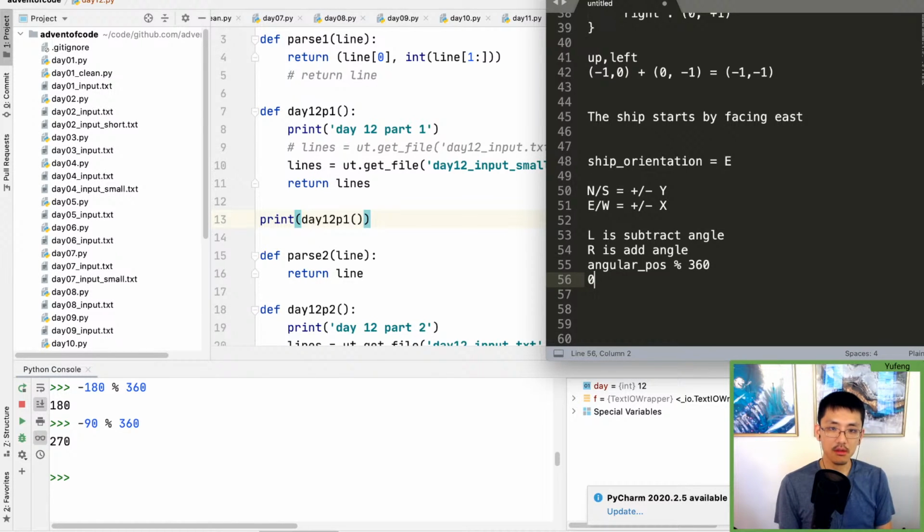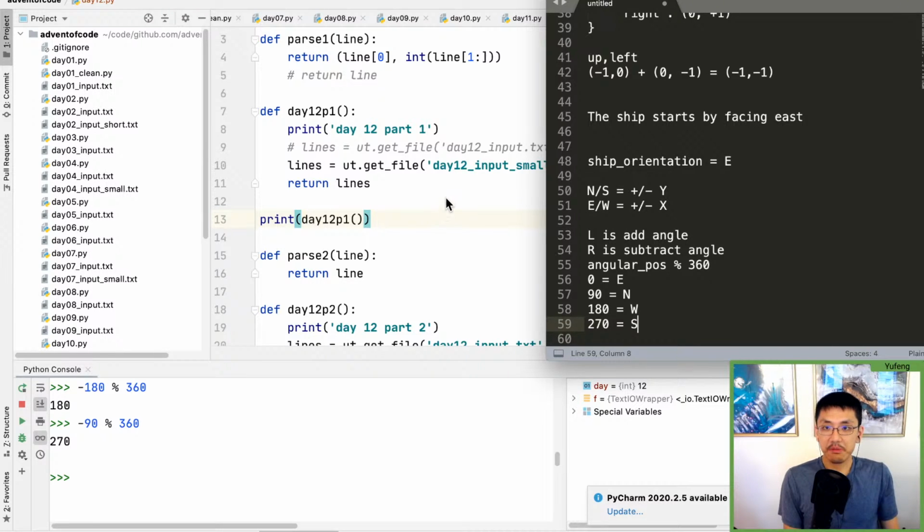So 0 is east, 90 is north. Ooh, L is subtract angle? No, L is add angle. Have to remember our polar coordinates, folks. 180 is west, 270 is south. Great. So that's how that plays out.